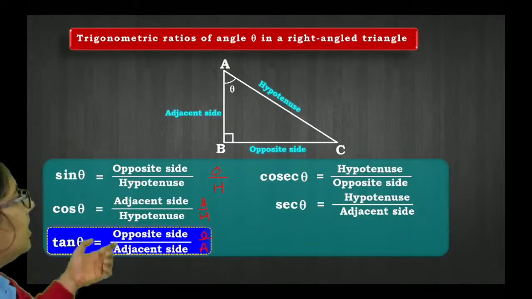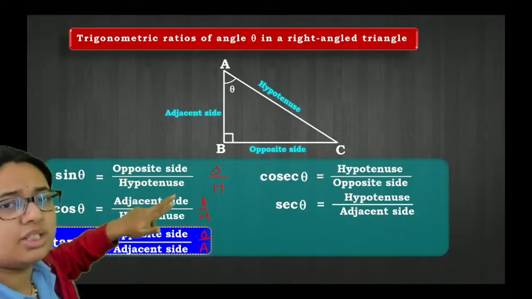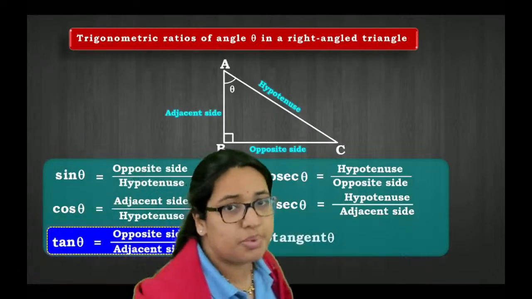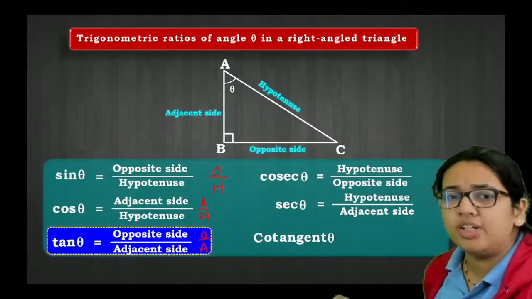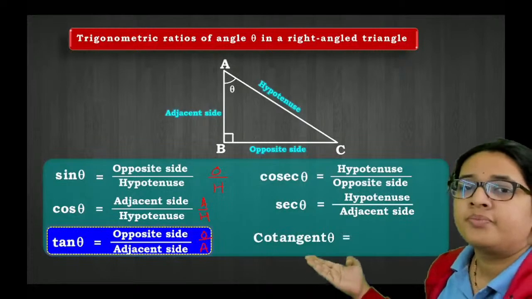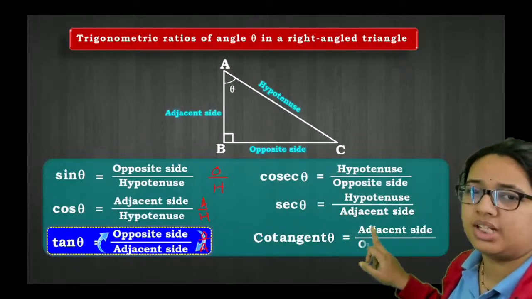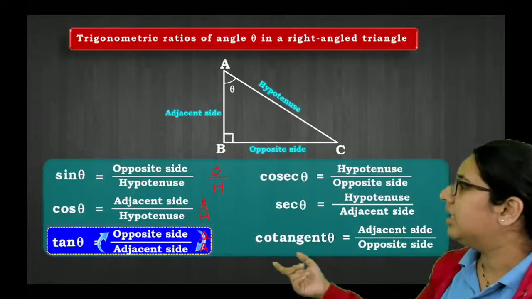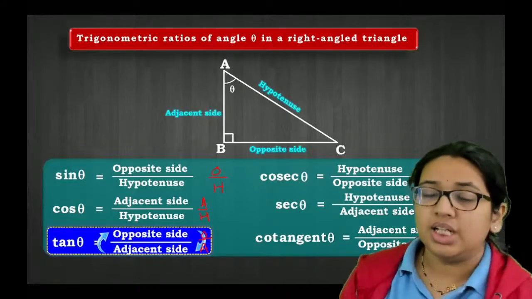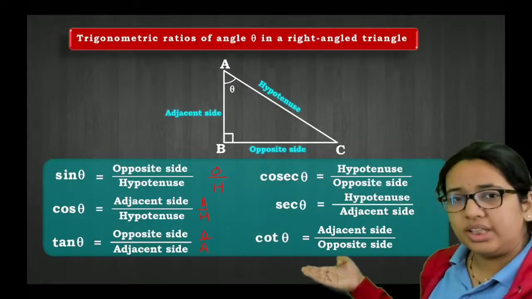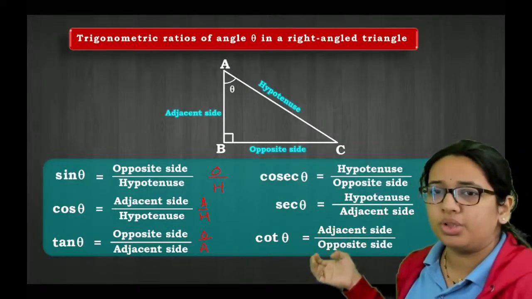And the last one: similarly for tan, if you consider the reciprocal of its value, it will be cotangent theta, which is given as adjacent side upon opposite side. Cot theta is the reciprocal of tan.